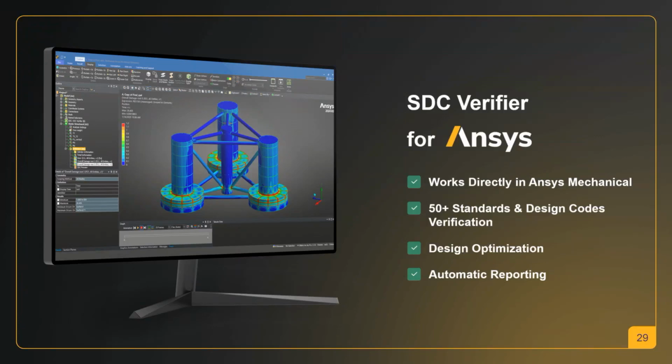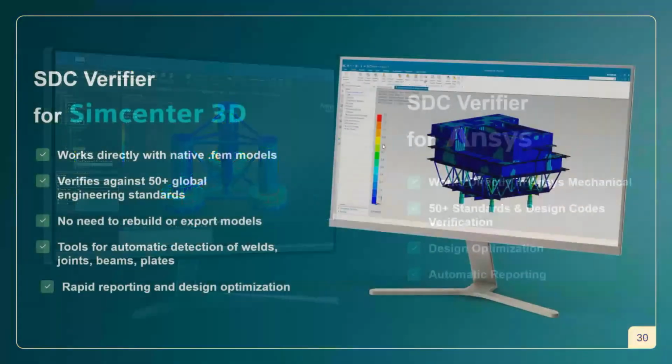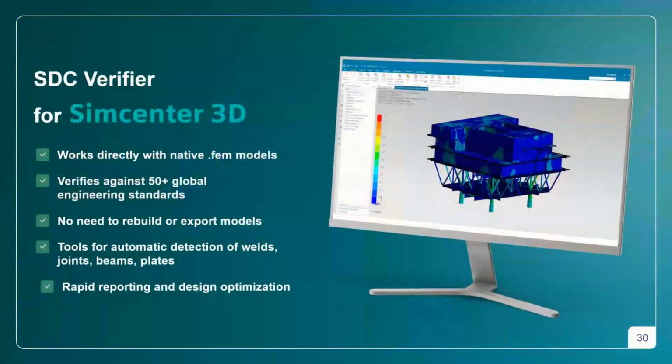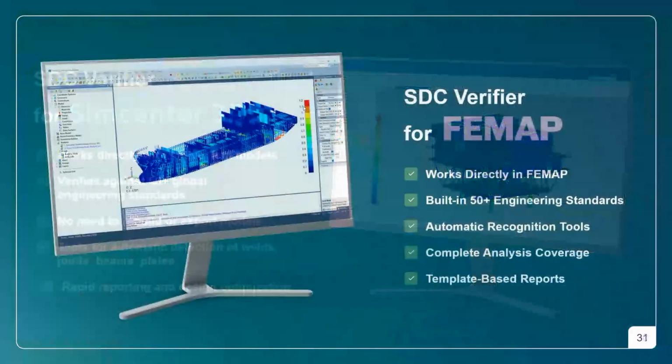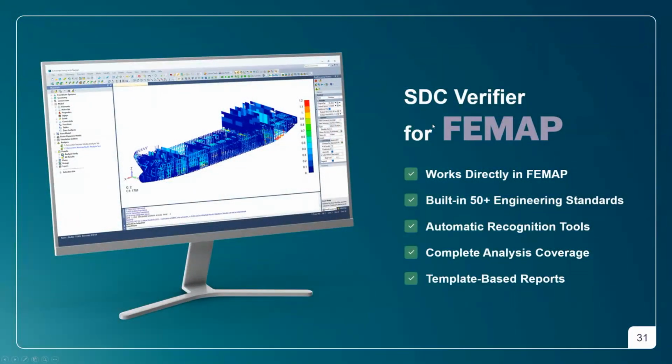You can also obviously use all of these recognition tools and display them in Mechanical, and of course also prepare these reports. The same idea works for Simcenter 3D as for ANSYS, and it is also capable of working with Simcenter FEMAP.